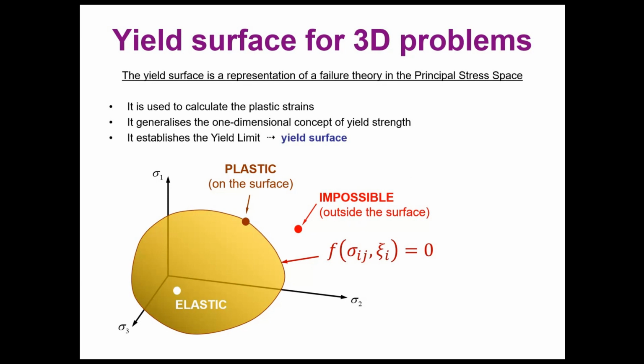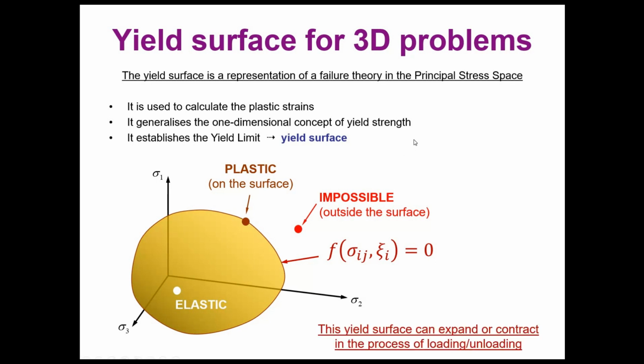But the plasticity theory goes beyond, and with this surface controls the hardening and softening that we observe in the lab when we test materials. But definitely there is an association between the yield surface defined in the plastic theory and the failure theory we have studied before.